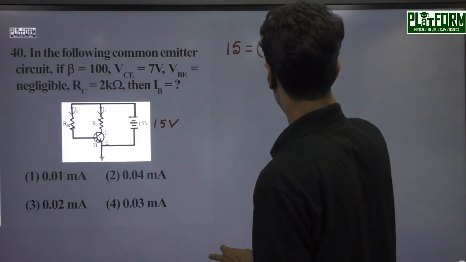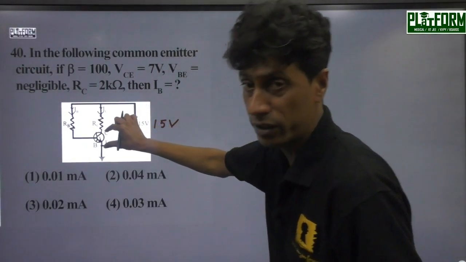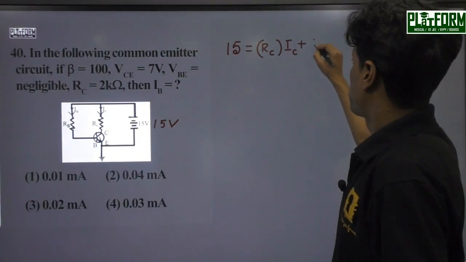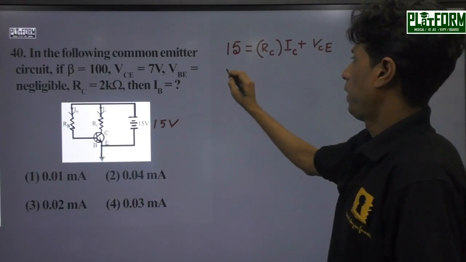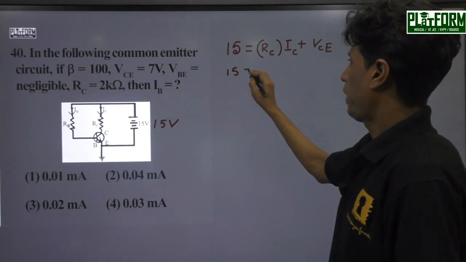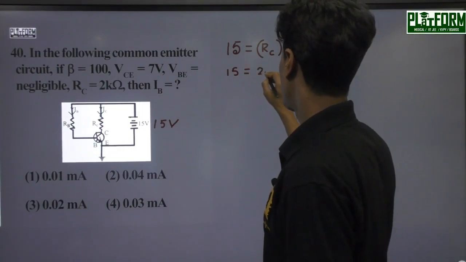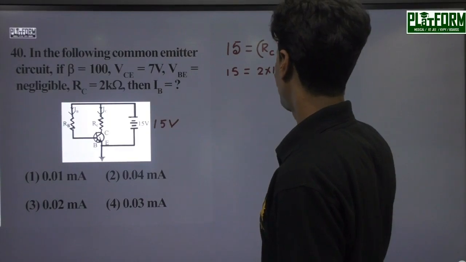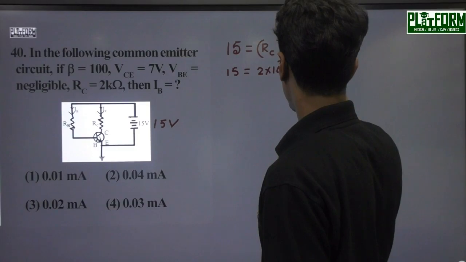The biasing voltage required for the CE junction is VCE, so 15 equals RC, in the problem 2 into 10 to the power 3 ohm, into IC plus VCE equal to 7.